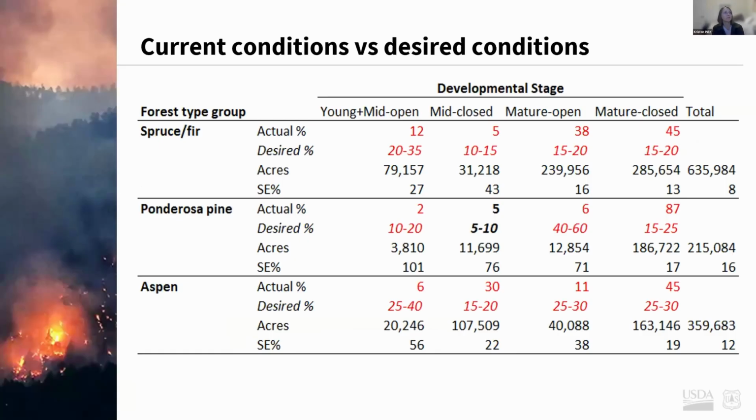So here's an example looking at preliminary analysis of the developmental stages of the forest and desired developmental stages. And long story short, most of the percentage of the landscape in these various types is way outside of what the desired conditions would be.